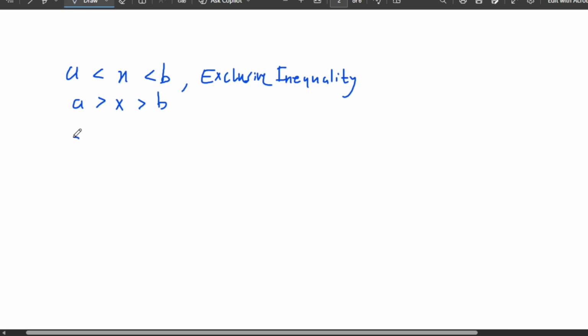How about a is less than or equal to x and x less than or equal to b, as well as a is greater than or equal to x and x greater than or equal to b. This is called an inclusive inequality, where the values of a and b are in the group or the set.